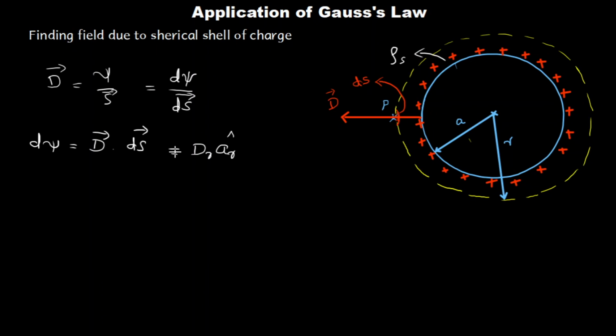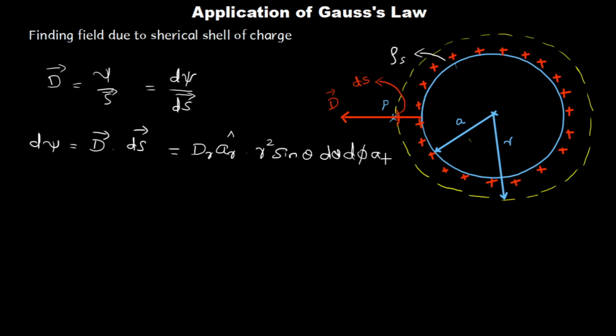So I have magnitude Dr a r cap. I am just considering the radial component of D, that's why I am writing Dr. So Dr a r cap, and as we have already discussed, ds vector, that is surface vector in radial direction for a spherical coordinate system is given by r square sin theta d theta d phi.